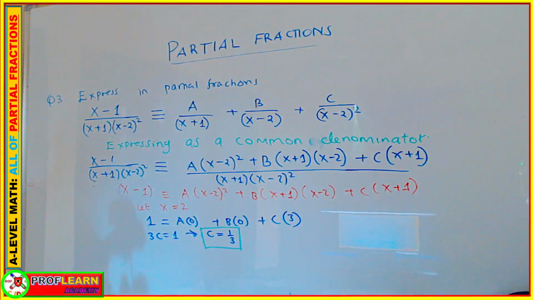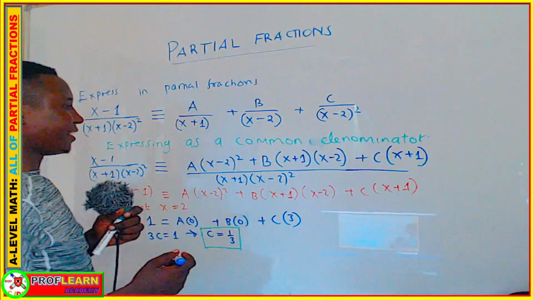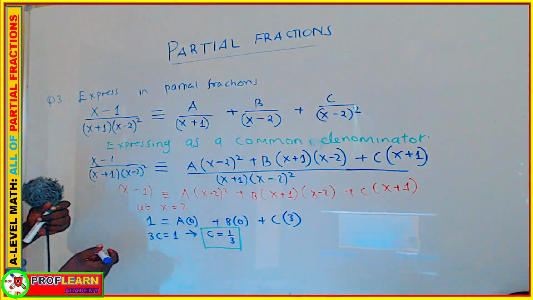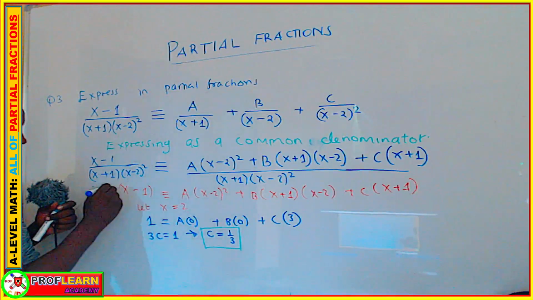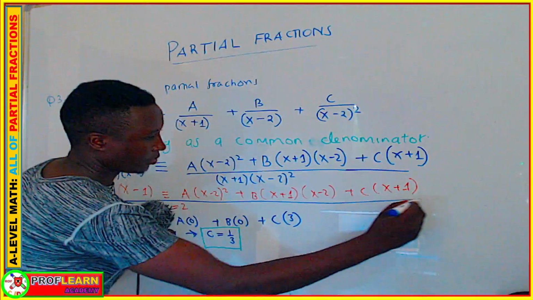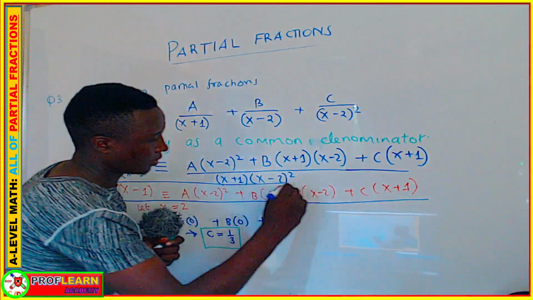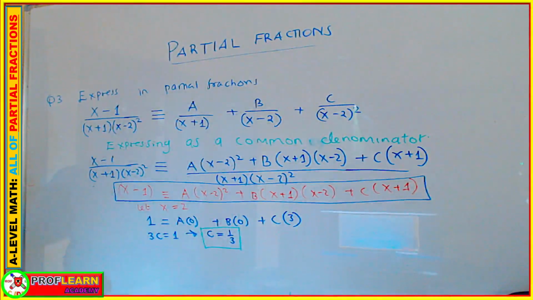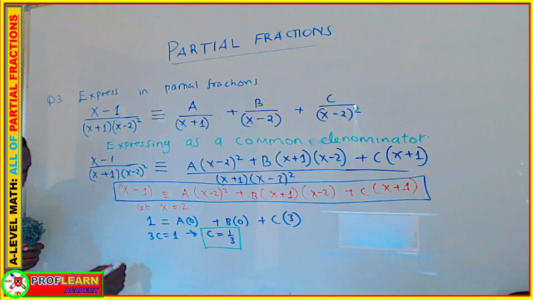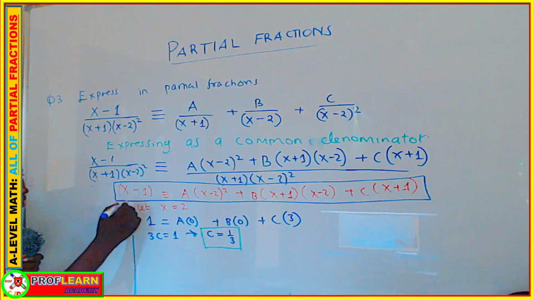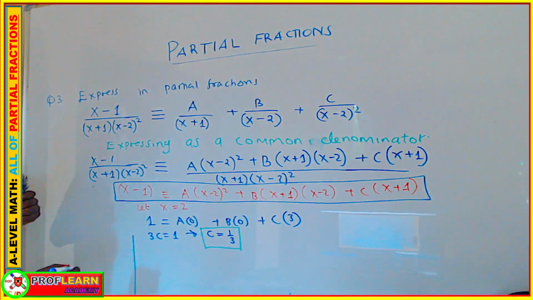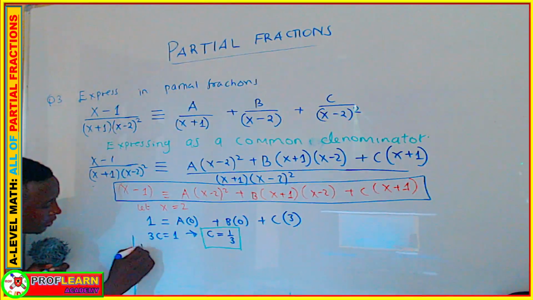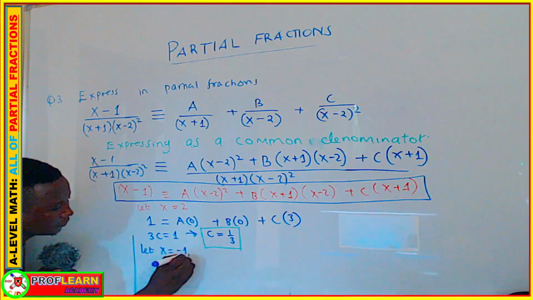So already we have the constant c. We need to further strategize on how to get the others. If we let x be negative 1 in this equation, what's going to happen?